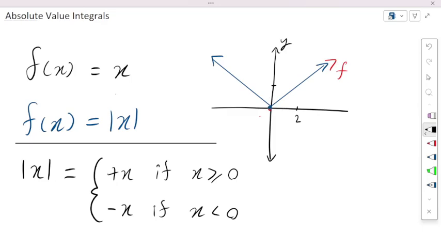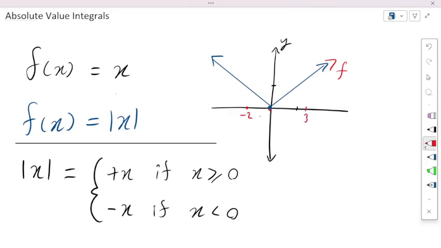And we can do this for any other function, even a quadratic or whatever. But what am I trying to imply over here? Well, before I can do that, let's bring a bound into this. Maybe that's the best option right now. What if we try to find the area from, let's choose, negative 2 to positive 3?